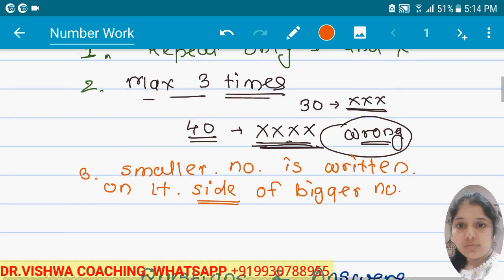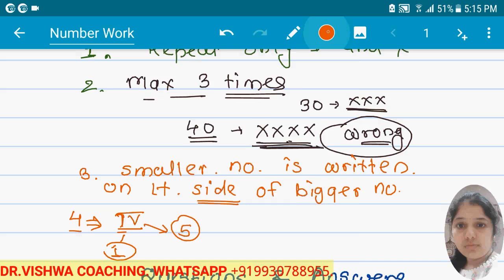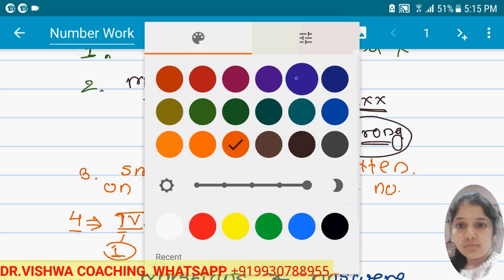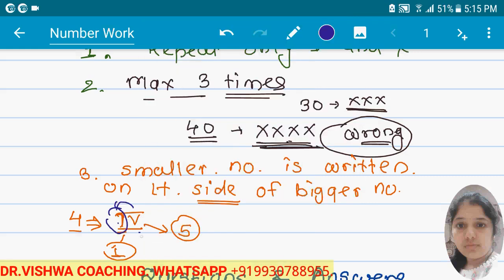Number 4 can be written as IV, where I represents 1 and V represents 5. The smaller number I is written at the left side of the bigger number V, so you subtract I from V, 5 minus 1, and it represents number 4.